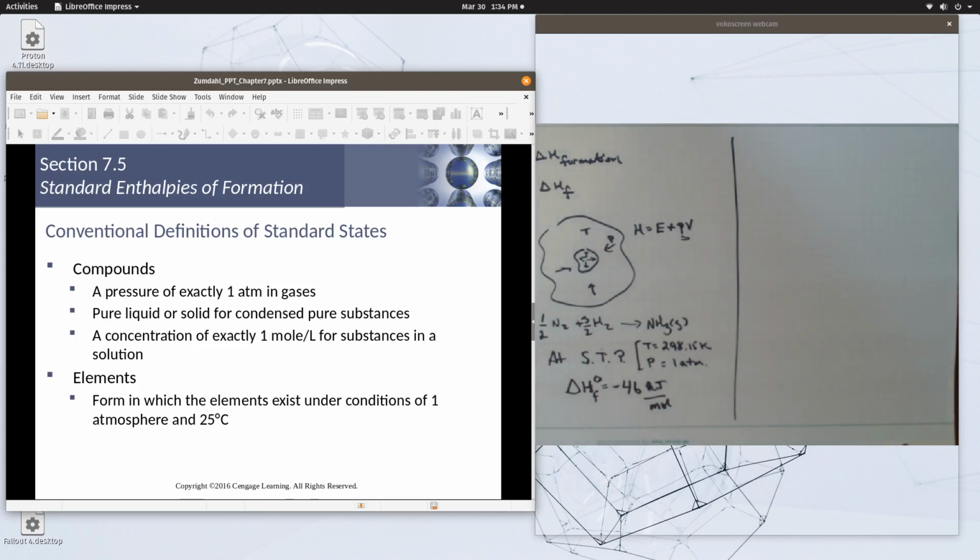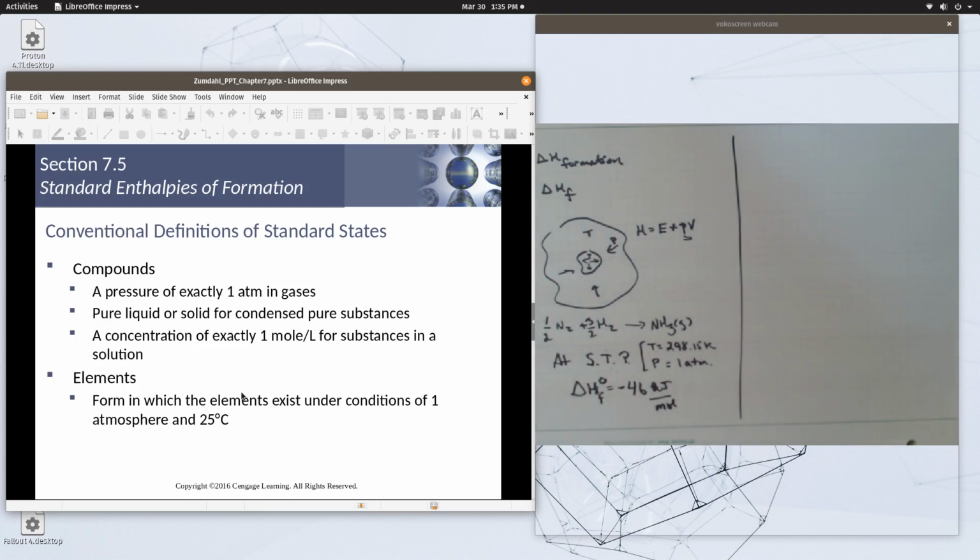So the standard state of sodium chloride in aqueous solution is a 1 molar solution of sodium chloride at 298 degrees Kelvin and 1 atmosphere of pressure. And for elements, the standard state is the form in which they exist at 1 atmosphere and 25 degrees Celsius, or 298.15 degrees Kelvin.